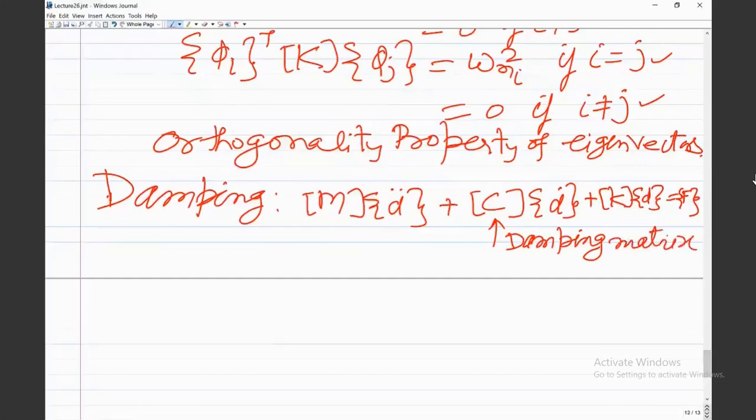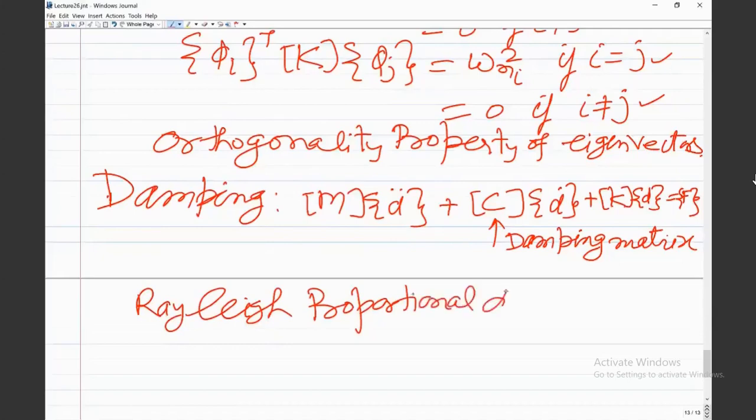For the elastic model, we cannot get this directly, but we express it in terms of the mass matrix and stiffness matrix. The popular model is known as the Rayleigh proportional damping model.